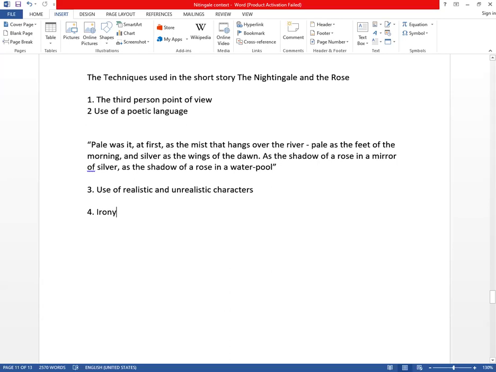It is a technique which shows some unexpected event or saying.